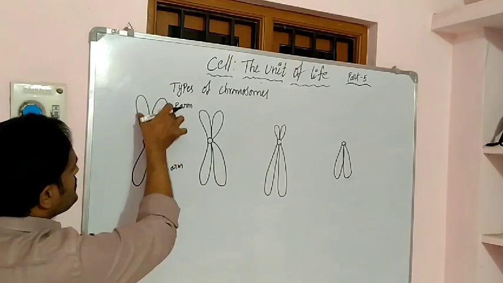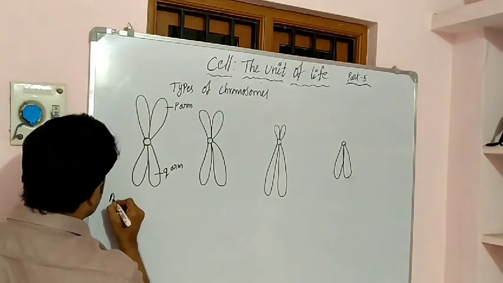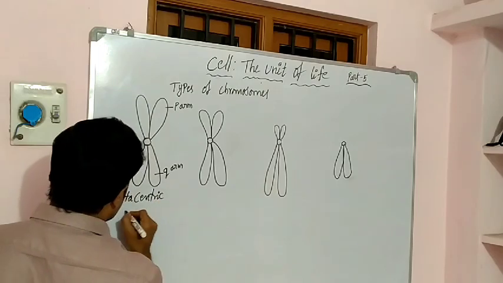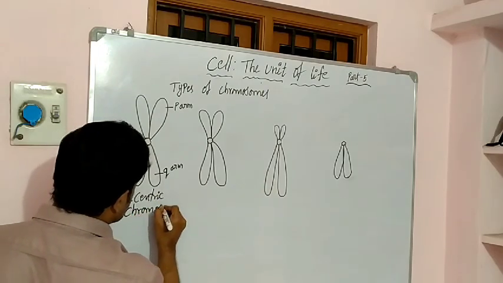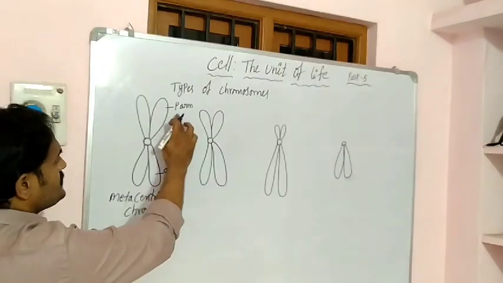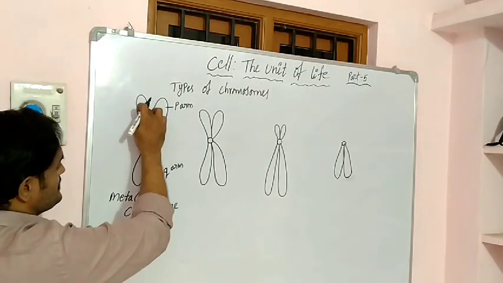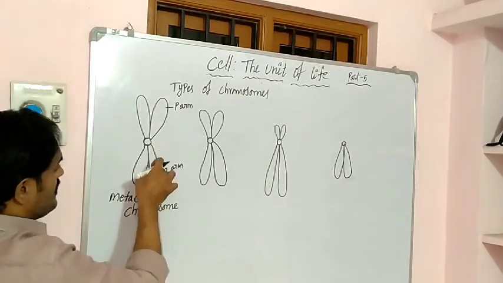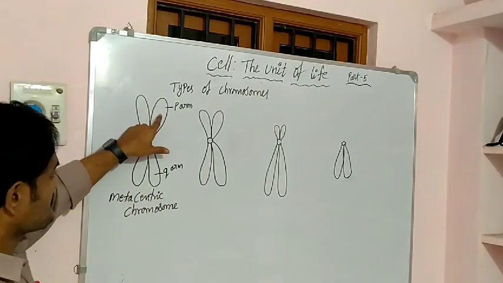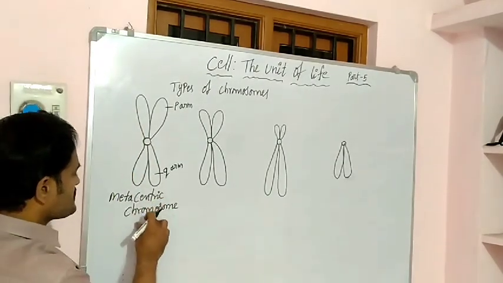This kind of chromosome is called a metacentric chromosome. Metacentric means both P-arm and Q-arm are present on both sides. See, this is one arm, this is one arm. So in total, this chromosome has four arms: the upper side two P-arms and the lower side two Q-arms.